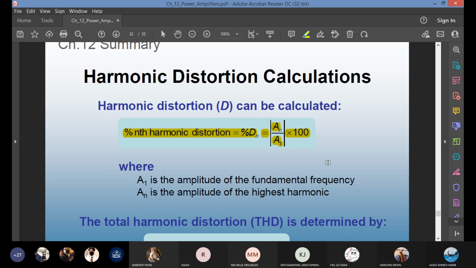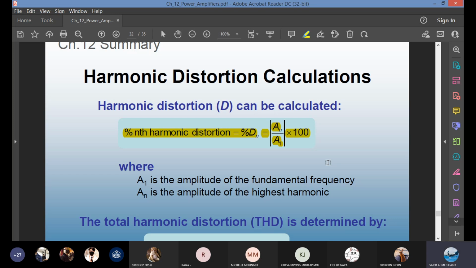Let's say A1 is 5 volt. An will be the amplitude of the harmonic, so n equals 2, 3, 4, 5, 6. N does not equal 1. 1 is the fundamental. Anything above 1 is harmonics.